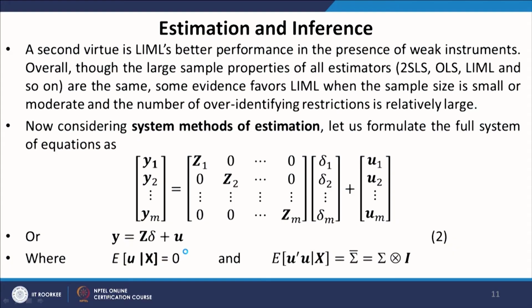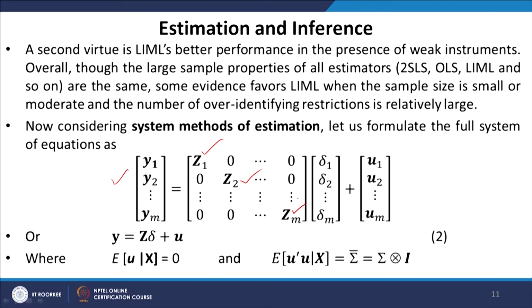Now, we consider system methods of estimation, that is full information estimation techniques. Let us formulate the full system of equations first. y1, y2 to ym is the vector of all the m variables for all the t time periods, and then we have z1, z2, zm consisting of all the endogenous and exogenous variables corresponding to a particular equation.